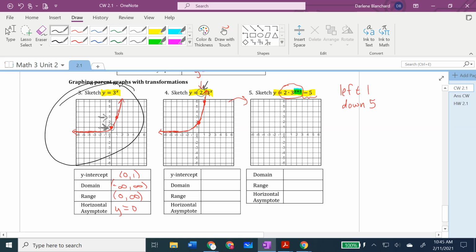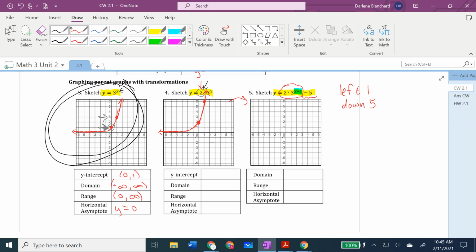But when you take a graph and you change what goes in before that function is actually able to occur, you're almost going backward in time. And to go backward, you have to do the opposite operation of what you see there. You see a +1, so you're actually going to do a -1, and it's affecting the x, so you do that horizontally. And I'm going to repeat all of what I just said a few times as we go through this unit.